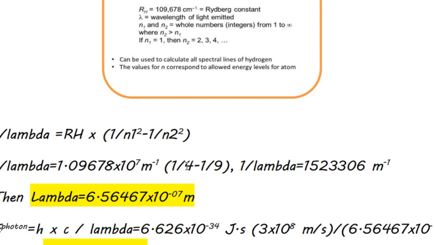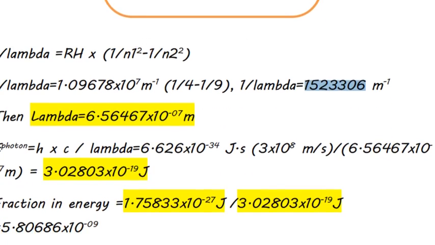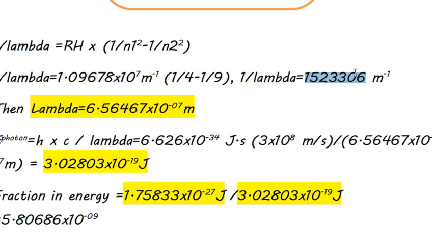So this is 1 over 2 square minus 1 over 3 square, 1 over 4 minus 1 over 9, and this is the constant value. Changing from centimeter to meter, we get 1 over lambda as this value, while the inverse of this value gives lambda as 6.56 10 to minus 7 meter.